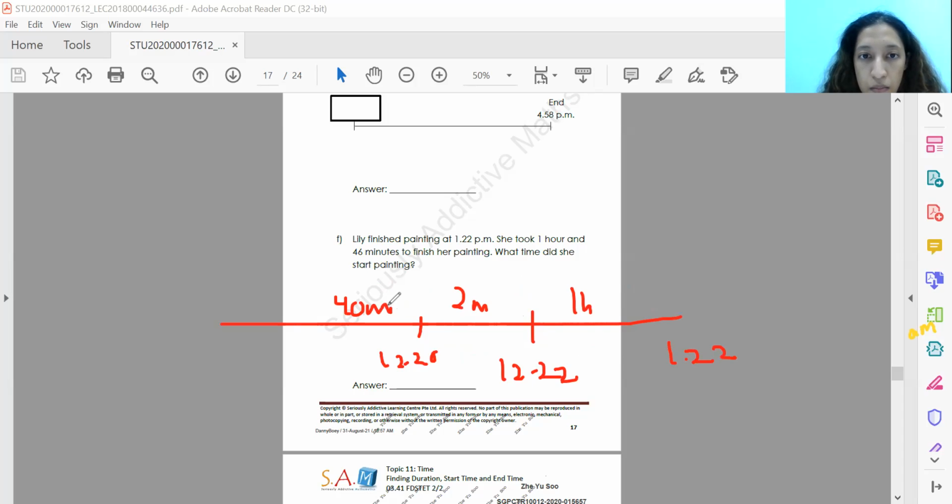This was where I miscalculated. I'm so sorry about that. 12:20, 40 minutes prior: 12:15, 12:10, 12:05, 12 o'clock, 11:55, 11:50, 11:45, 11:40. Yes, it's 11:40 a.m. And then we need 4 more minutes, right?